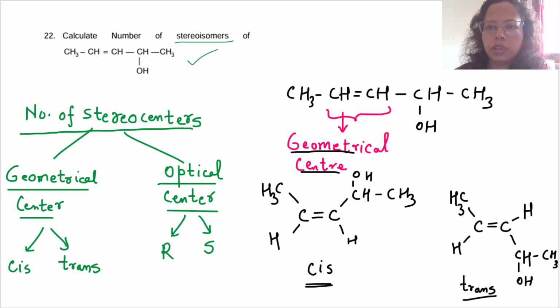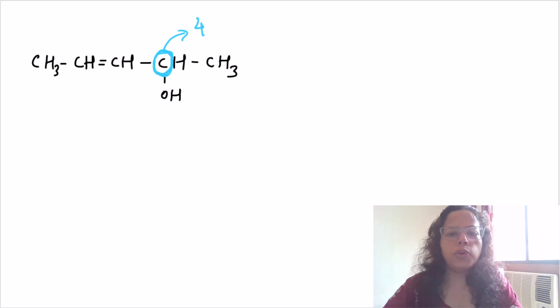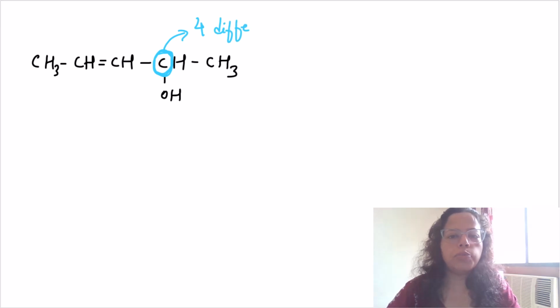Now if you see the next carbon after the double bond, we have this carbon which is attached to four different types of groups or atoms. Let me draw it again in the next slide. So we have this molecule and this particular carbon has four different groups bonded to it.